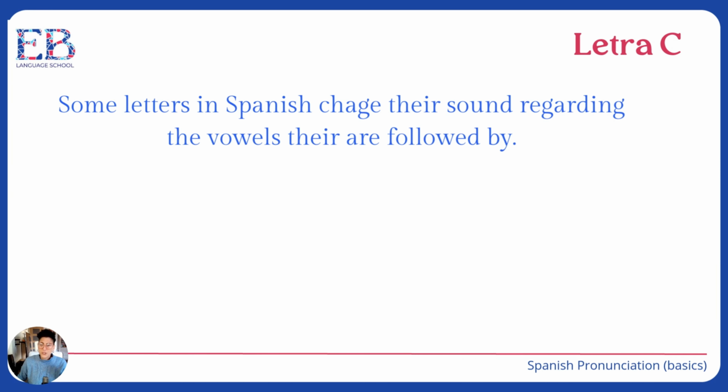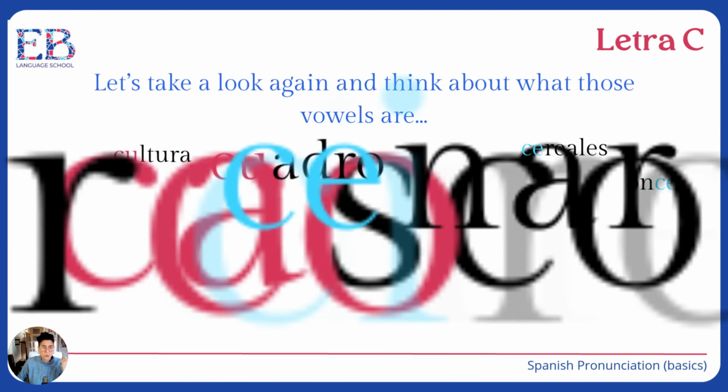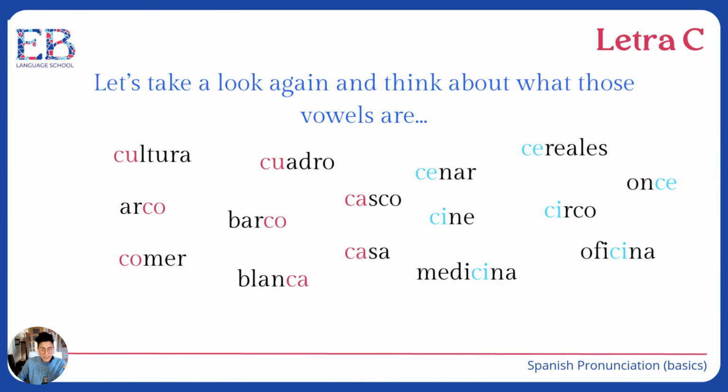So, some letters in Spanish change their sound depending on the vowel they are followed by. If we check again, we can see that we have some vowels with the sound k and others with the sound th. So let's take a look again and think about what those vowels are.